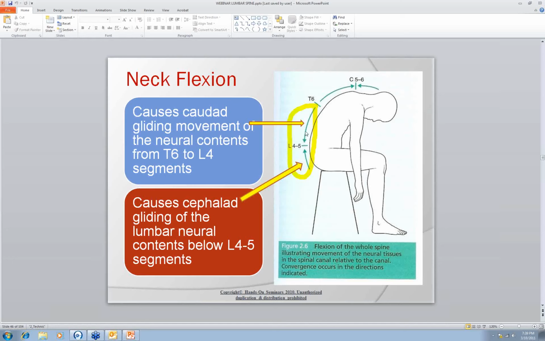Because if there is pain, because this segment here, between T6 and L4-L5, the neural tissue cannot glide downward, then I'm going to call that a caudal gliding dysfunction. If the neural segment below L4-L5 cannot glide upward, then I'm going to call that a cephalad gliding dysfunction.